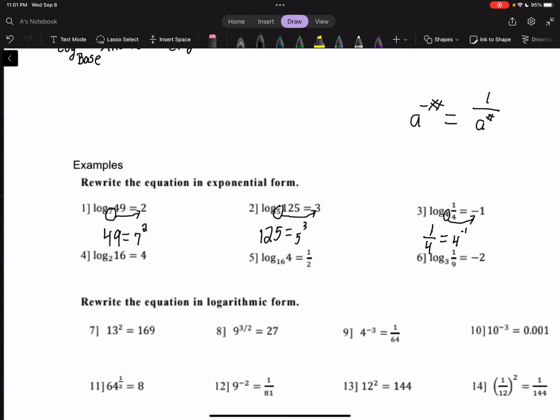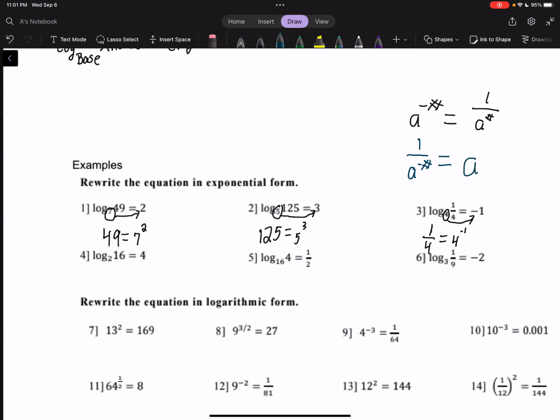Likewise, if we have 1 over a to a negative number, it is going to become a to the positive exponent. So anytime you see a negative exponent, you flip your fraction. If it's in the numerator, it becomes the denominator with a positive exponent. If it's in the denominator, you flip it to the numerator, and then it becomes a positive exponent. That is a brief review of something you should have learned in Math 1.